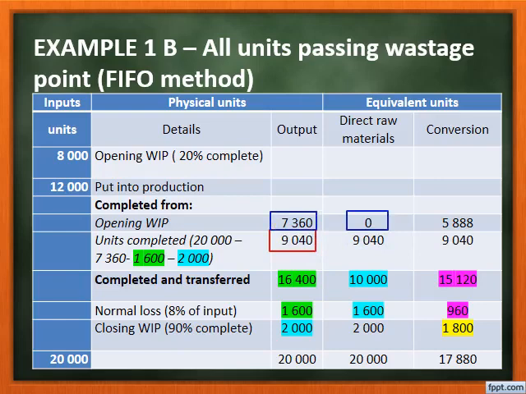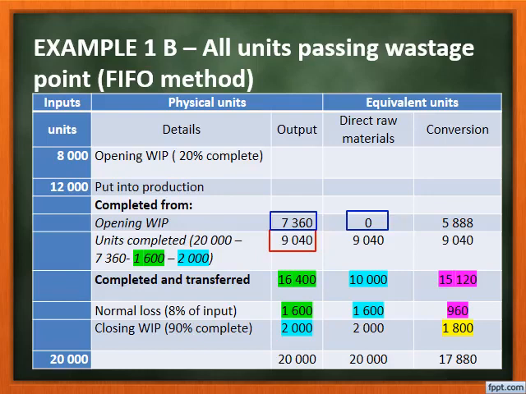Then the remainder is derived from the current period's production units. The 7,360 opening work in progress is passing the wastage point in the current period. Therefore, the opening work in progress units will form part of the normal loss calculation, and total units in the output column will reflect as 7,360.